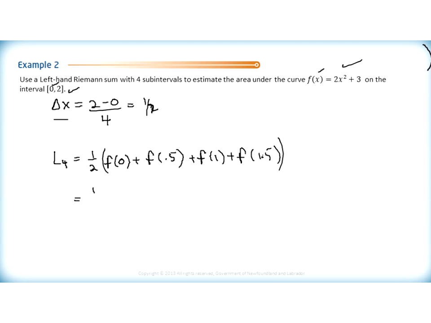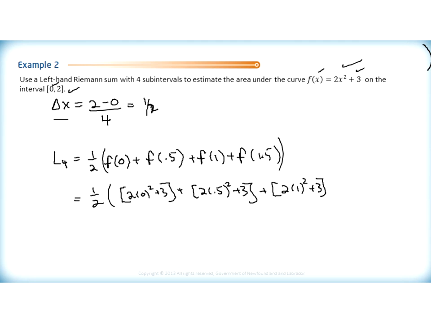So that's going to be 1/2 of, now f is our function that we defined over here, so that's going to be 2 times 0 squared plus 3, plus, we've got 4 of these now, 2 times 0.5 squared plus 3, plus 2 times 1 squared plus 3, and 2 times 1.5 squared plus 3.